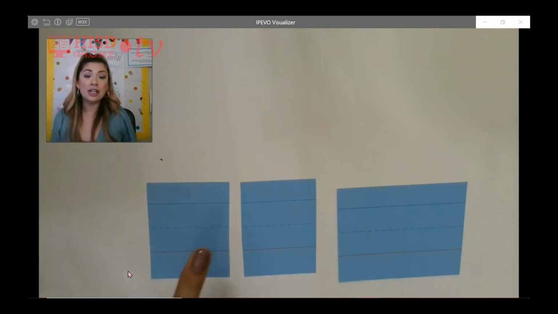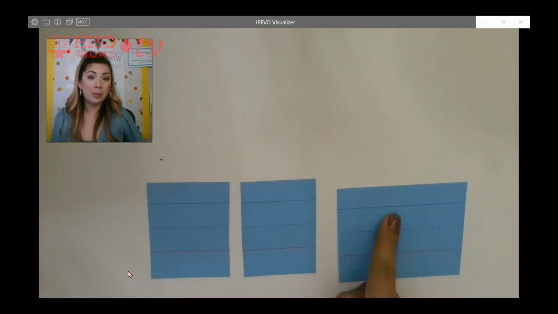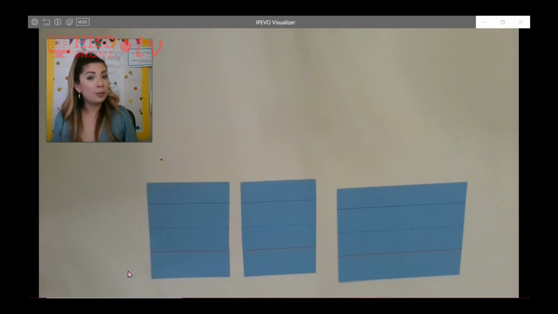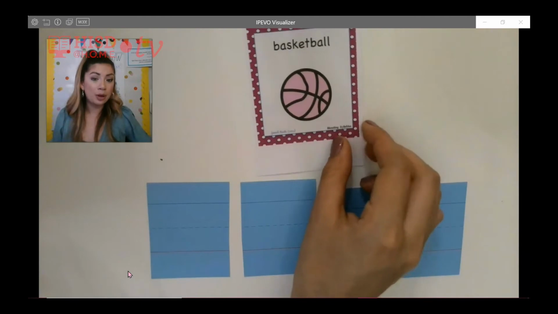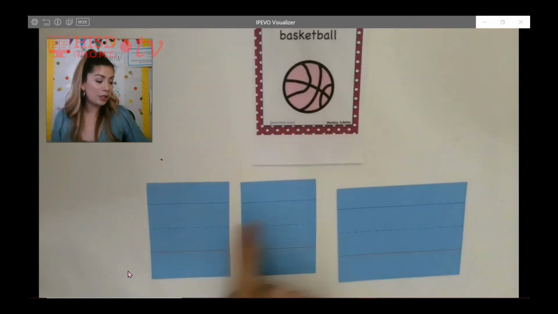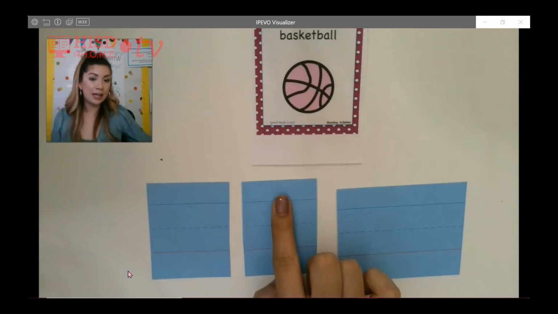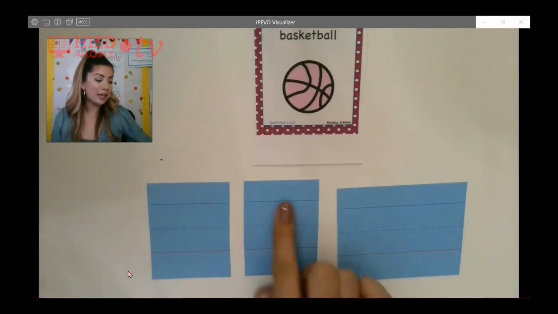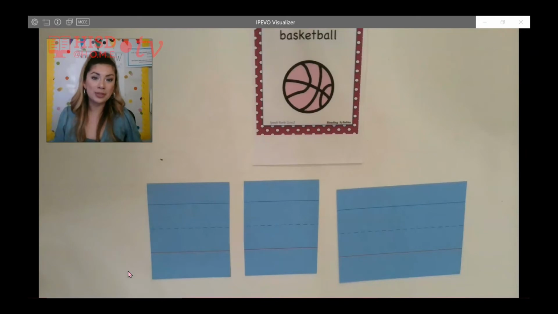Take a look at these chunks right here, these chunks of paper. Basketball has 1, 2, 3 syllables. Basketball, 3 syllables.